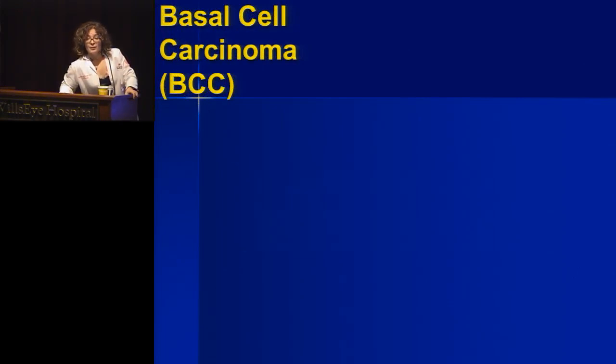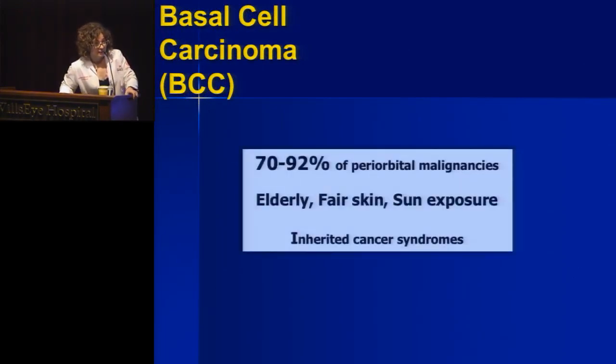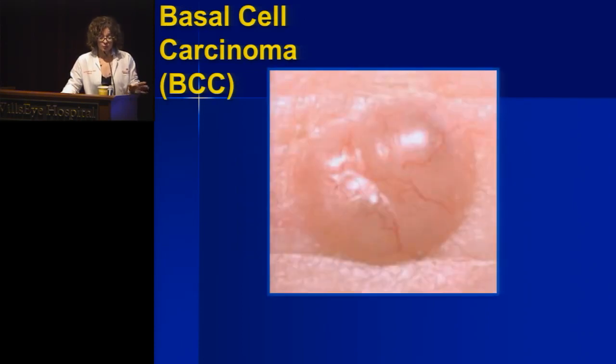So moving on to a very common cancer for us in the eyelid and anywhere in the skin, basal cell carcinoma. Just like anywhere in the skin, it's the most common primary skin malignancy. And again, we have very similar risk factors associated with this tumor as squamous cell carcinoma. So just like squamous cell carcinoma, we will see it more commonly in a sun-exposed location of the inferior and medial eyelids.